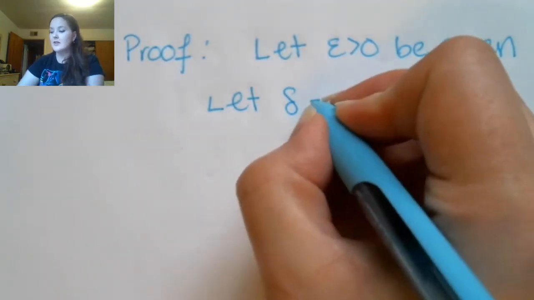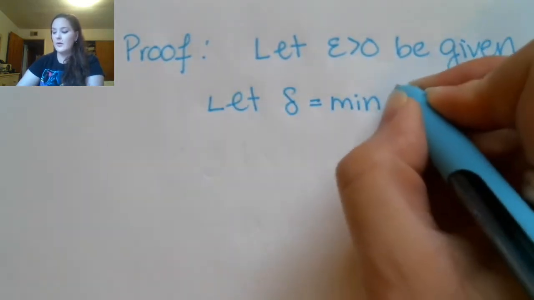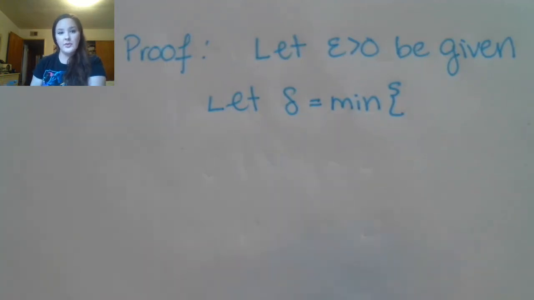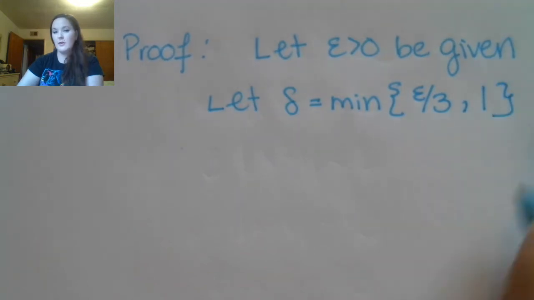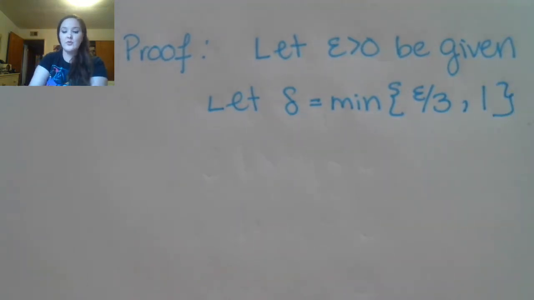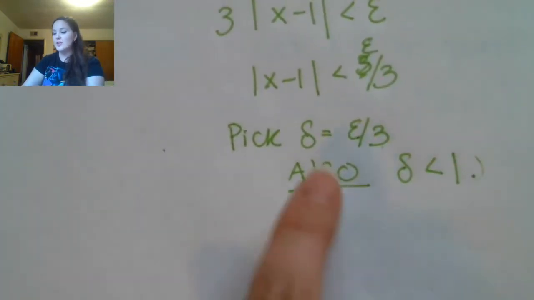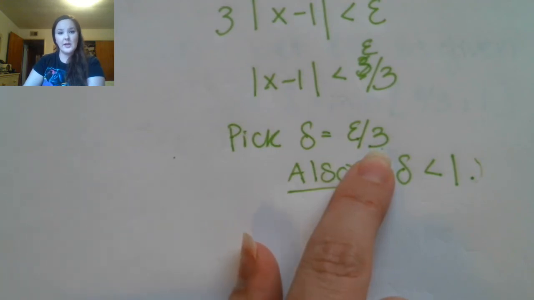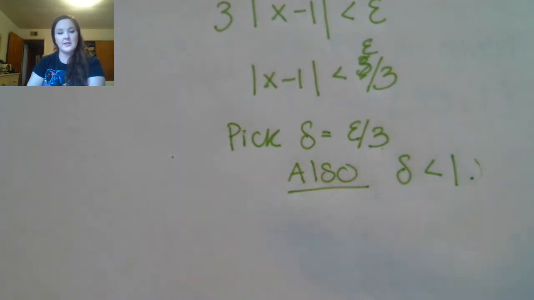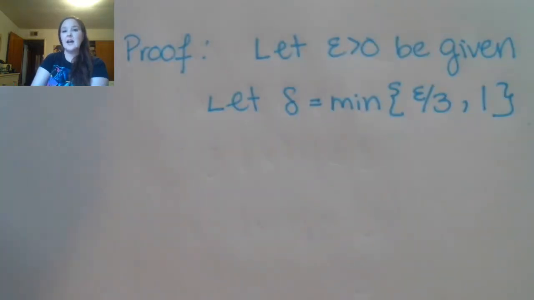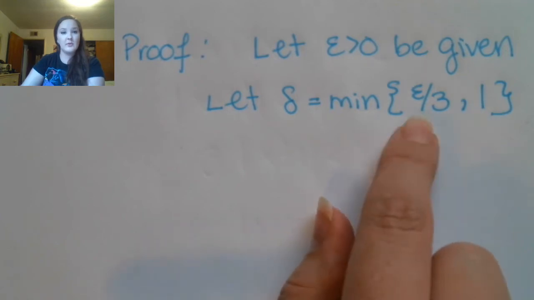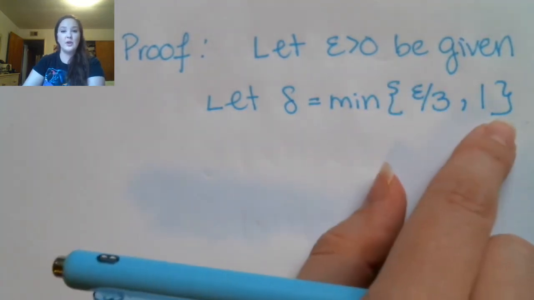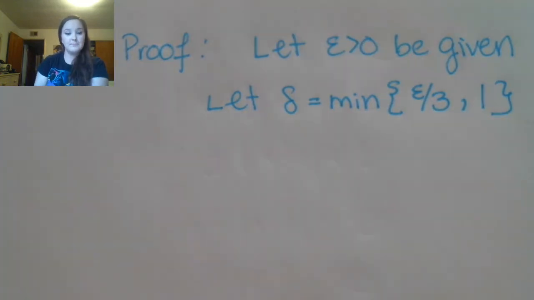So we're going to say that delta is the minimum, meaning the smaller of the two, of epsilon over 3 and 1. This is how you precisely say what we concluded: delta is usually epsilon over 3, but we also need it to be less than 1. So you choose the smaller of these two numbers, which will usually be epsilon over 3, but in the case that this is larger than 1, you would select 1.